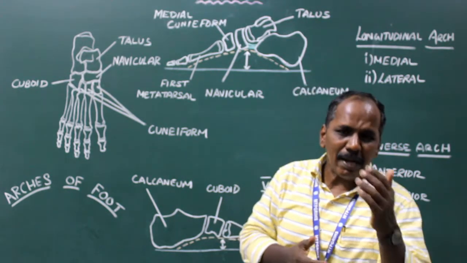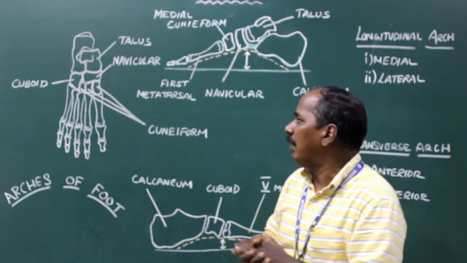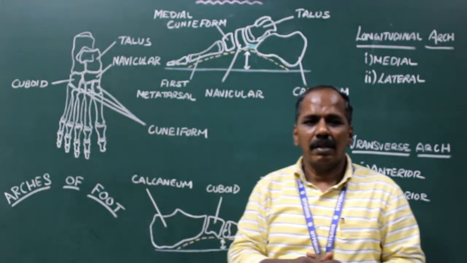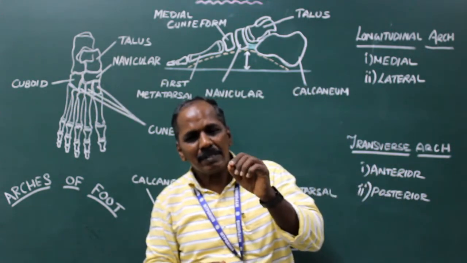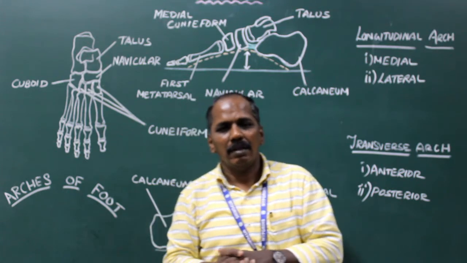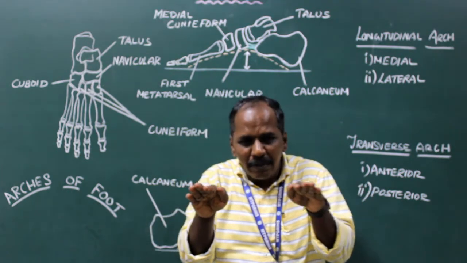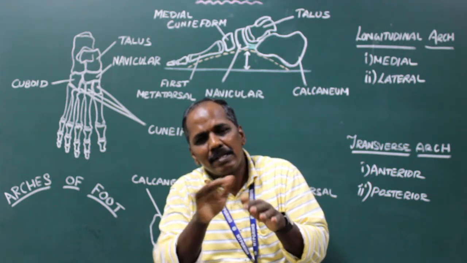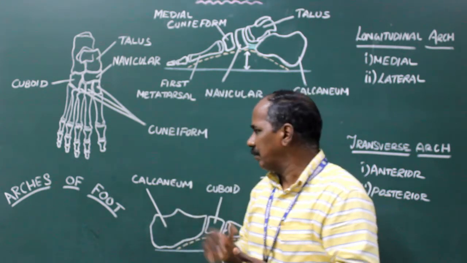The posterior transverse arch is formed by cuboid and the three cuneiform bones. The posterior transverse arch is incomplete. When the two feet are brought together, the posterior transverse arch gets completed.